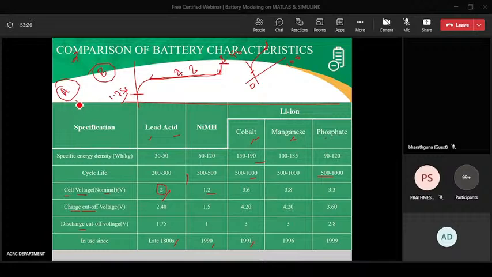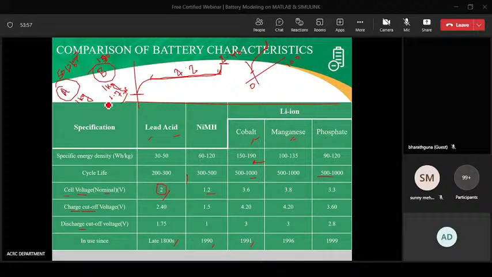We can see that 1 kg of lead acid can store approximately 50 watt hour, and 1 kg of lithium ion can hold 190.